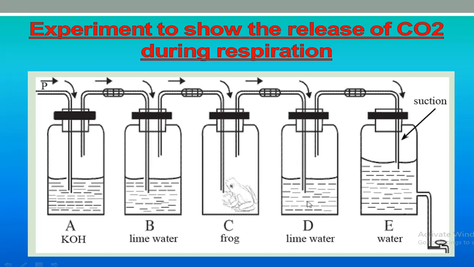Where did this carbon dioxide come from? From C, from the respiration of the frog. In this experiment it can be concluded that carbon dioxide is produced during the respiration of the organism.